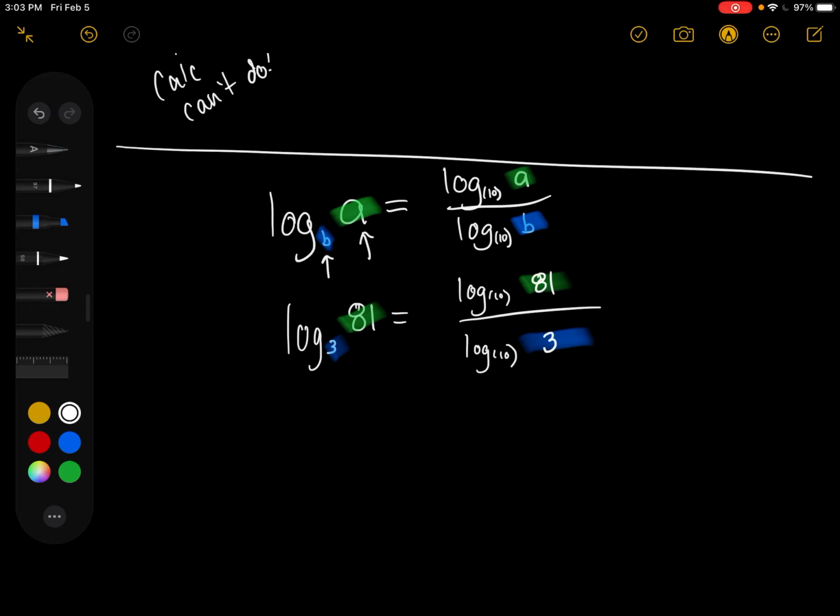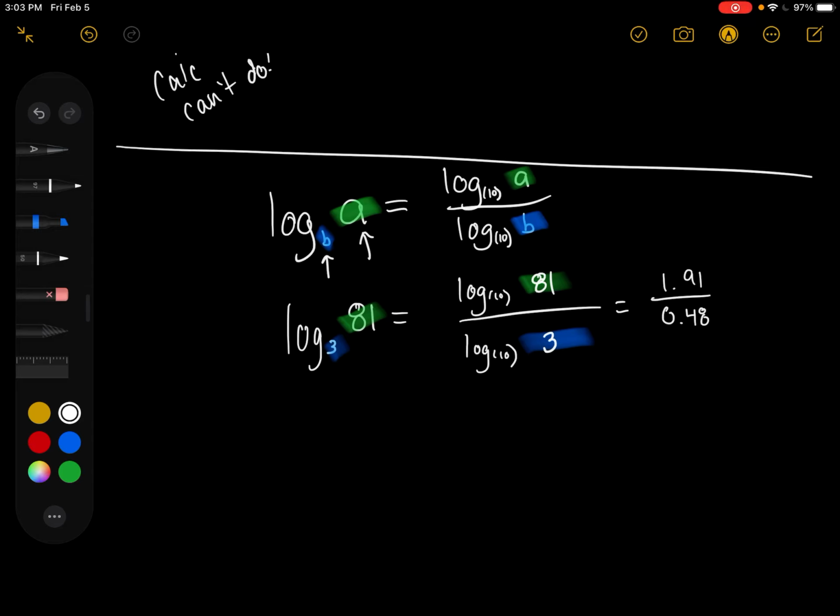So regardless, are you using an iPhone, you're using TI, we're going to punch that in. Log of 81 is like 1.908 over log, again implied base 10, of 3, gets us like 0.48.